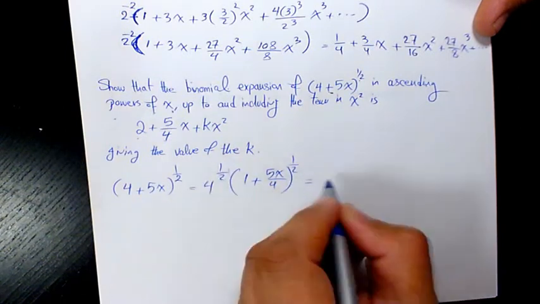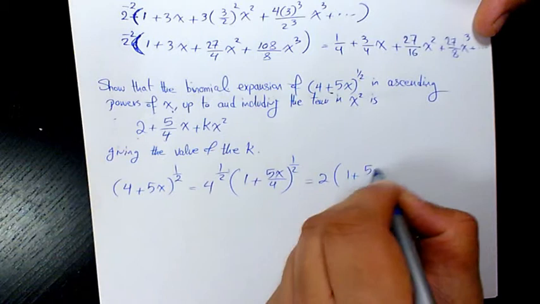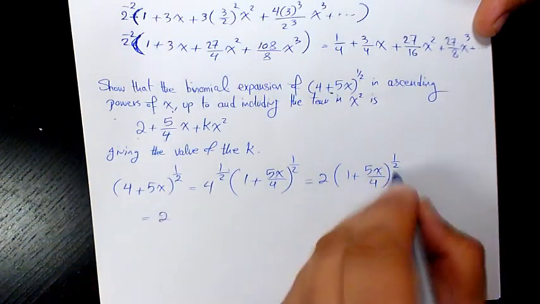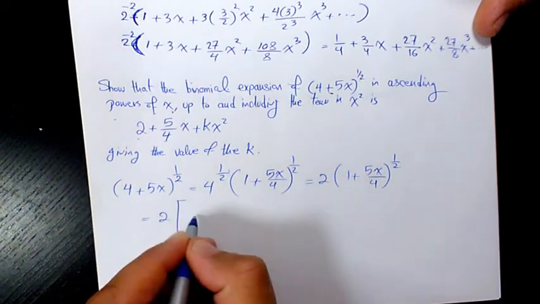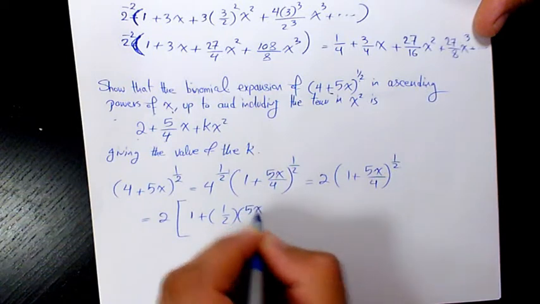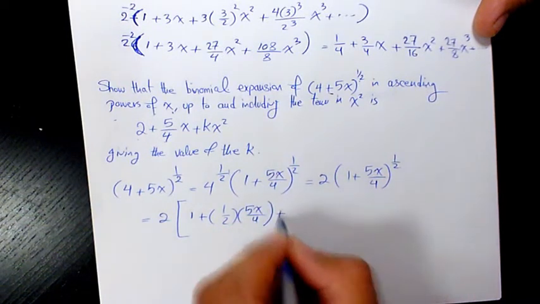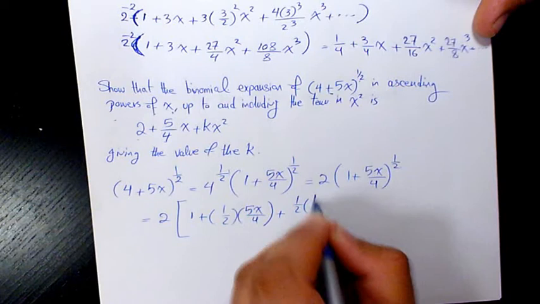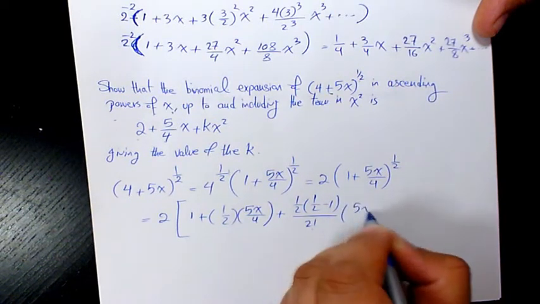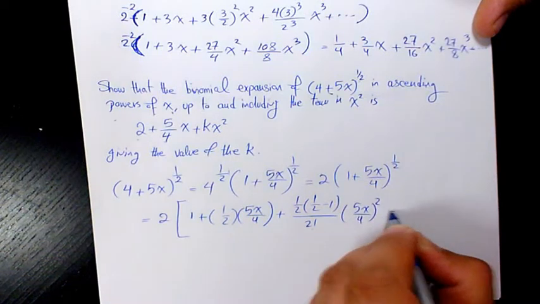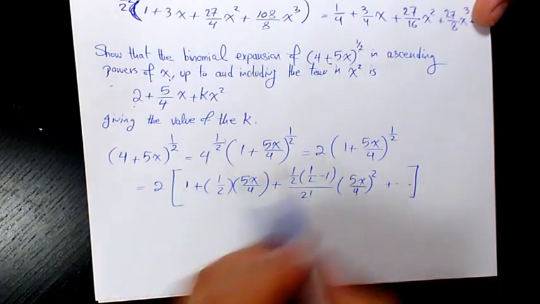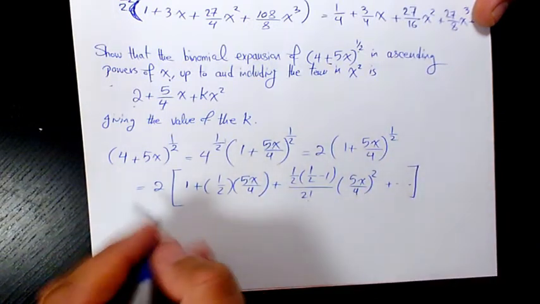So this one is going to be 2. Which is going to be, when you expand this one, 1 plus 1 over 2, 5x over 4, plus 1 over 2, 1 over 2 minus 1, divided by 2 factorial, 5x over 4. We don't need to write the rest because it says up to x squared.